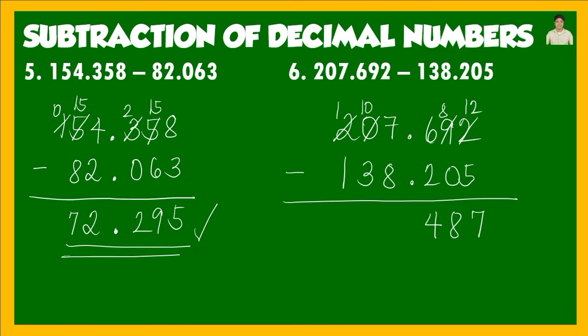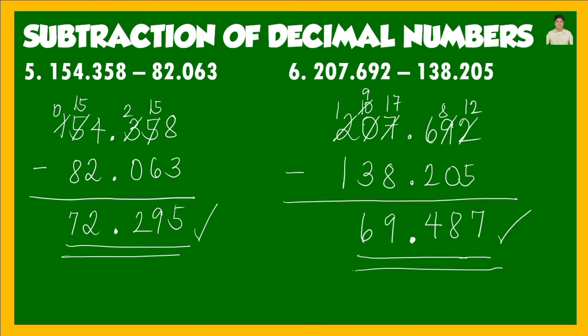And then, since nanghihiram nga tayo, itong 10 ngayon, magiging 9 na lang. And then, itong 7, magiging 17. 17 minus 8, we have 9. 9 minus 3, we have 6. 1 minus 1, that is 0. So, copy the decimal point. So, our final answer is 69 and 487 thousandths.